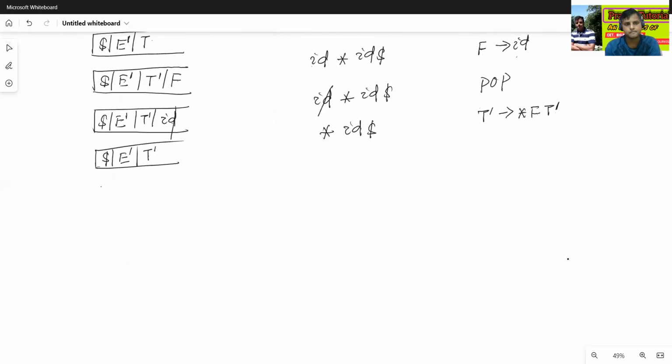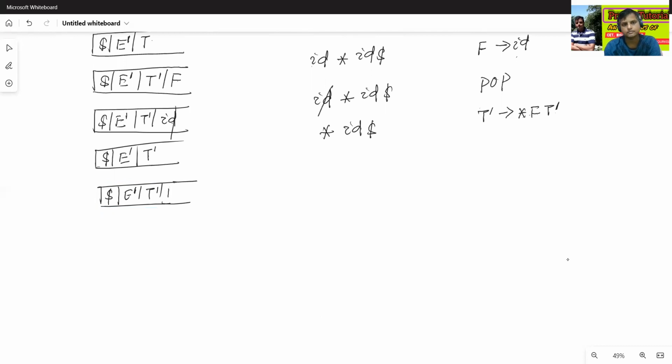So the stack is dollar, E prime, T prime, F, star.